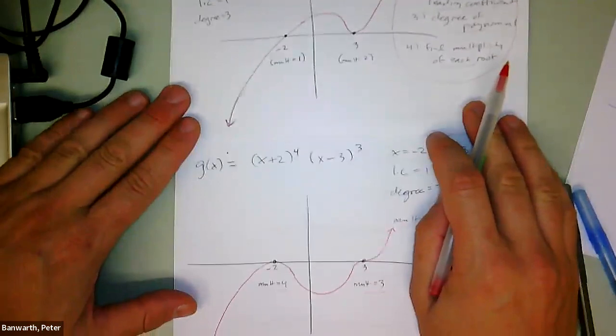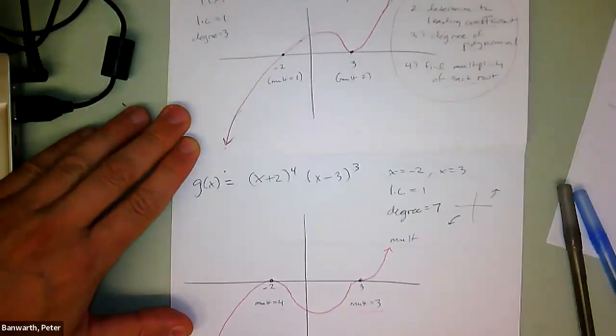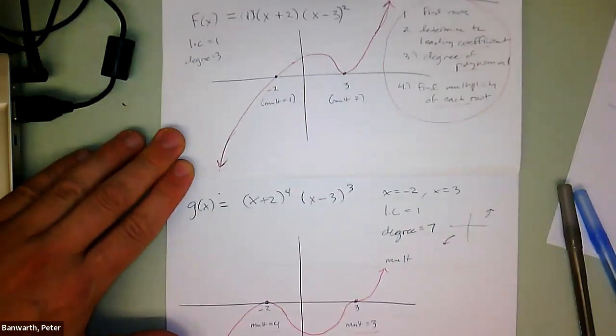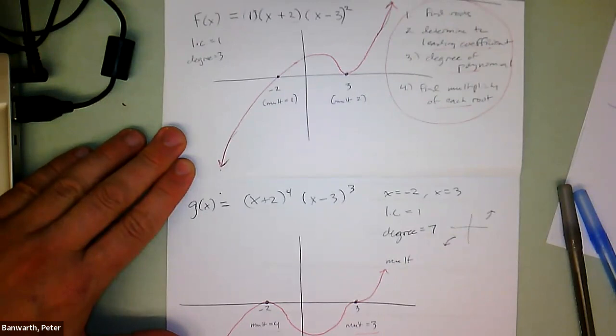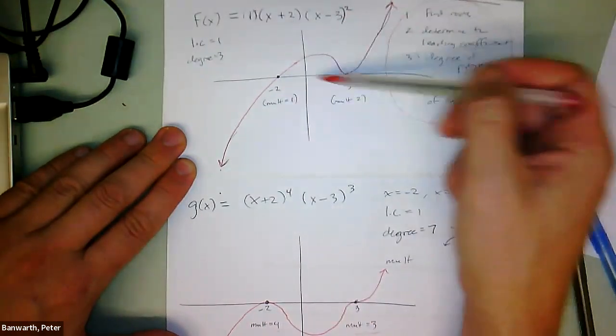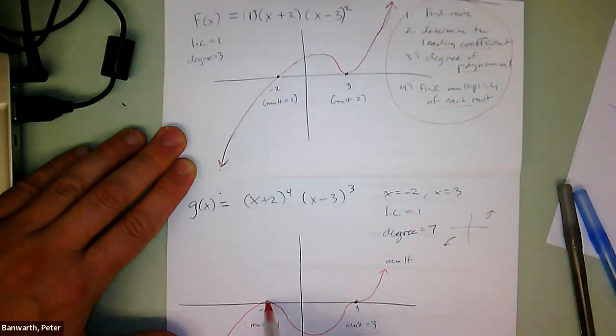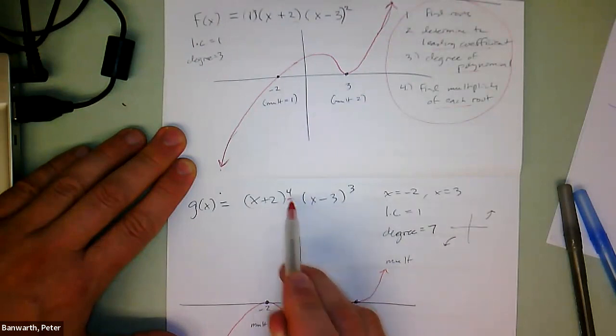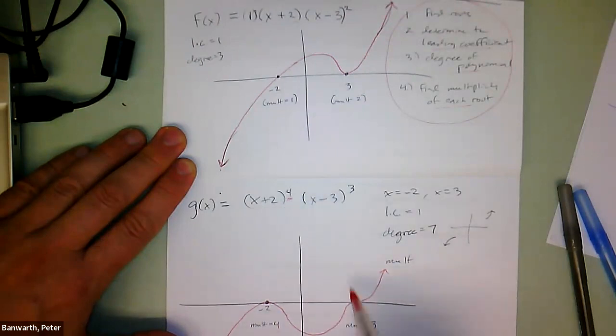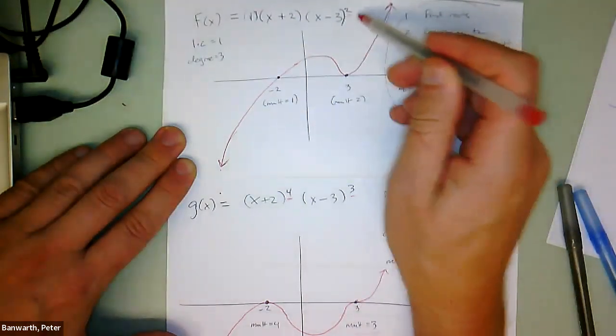And so if you pause this video and you compare the two graphs with their two formulas, you should be able to match the way the graph behaves at the 0 with the multiplicity of that root, of that 0, in both this graph and this graph.